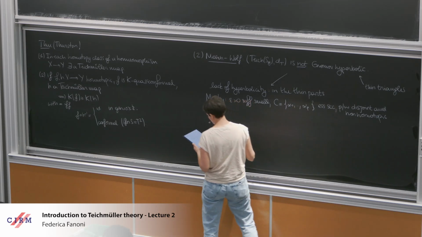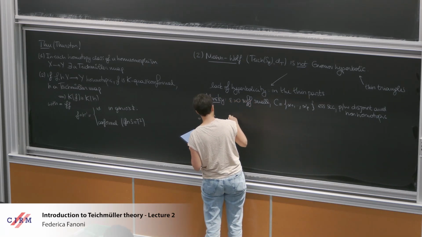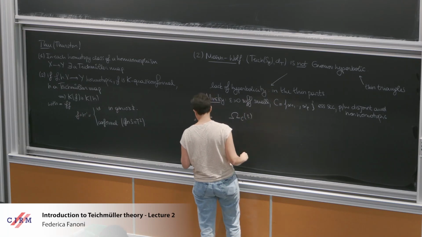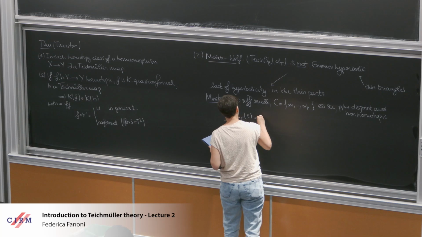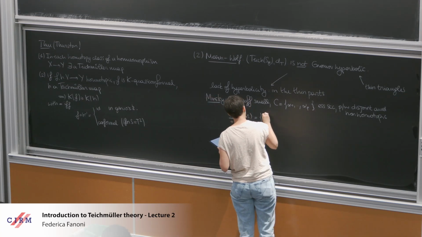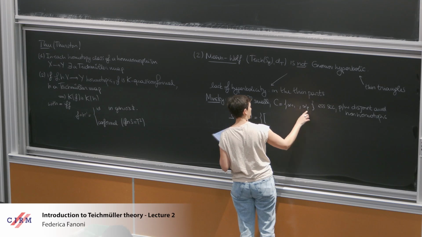Then I can look at I, I don't know why I chose this notation, but I'm going to stick with it. This is the thin part with respect to this. These are all the points in Teichmüller space where these curves are short.